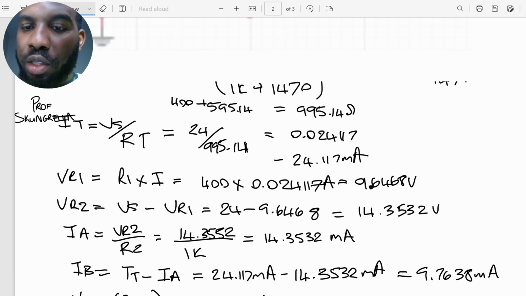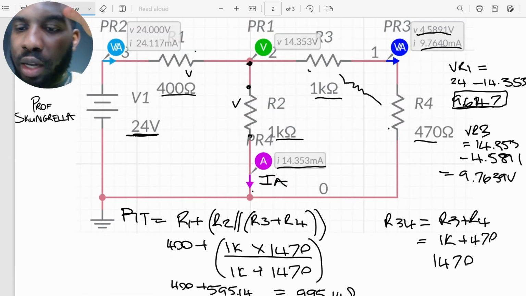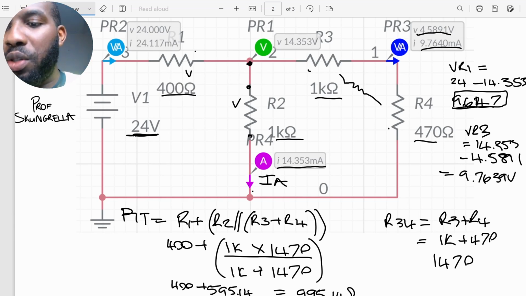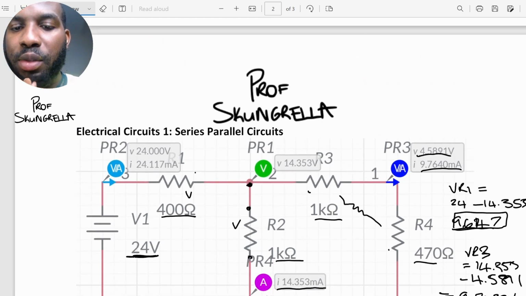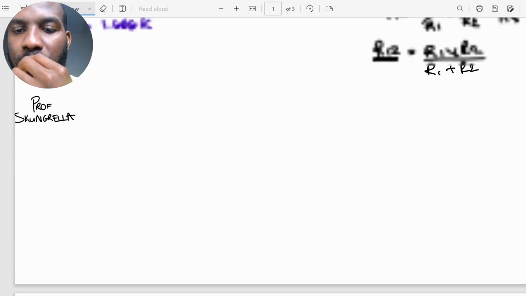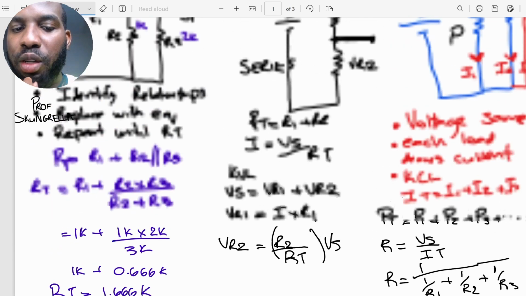So this is the voltage across this last resistor. Again, the same method we're following. You can see that our answers are very similar to the simulation, right? Same voltage for VR4, same voltage for VR2, and same voltage for VR3 as well.